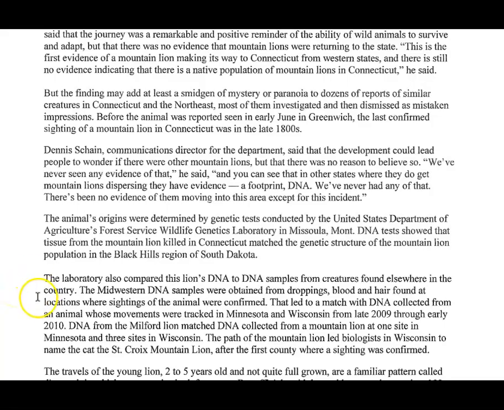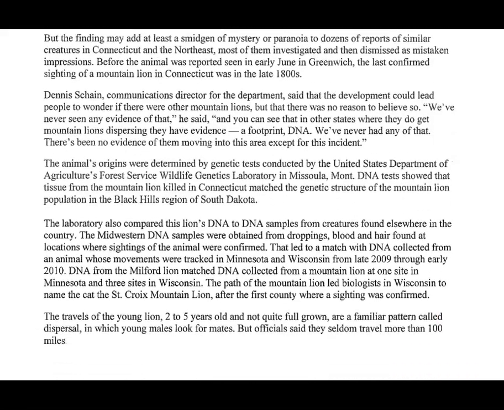The animal's origins were determined by genetic tests conducted at the United States Department of Agriculture's Forest Service Wildlife Genetics Lab in Missoula, Montana. DNA tests showed that tissue from the mountain lion killed in Connecticut matched the genetic structure of the mountain lion population in the Black Hills region of South Dakota.